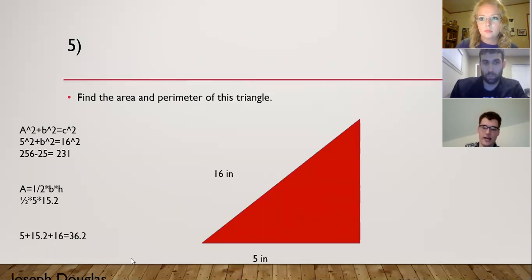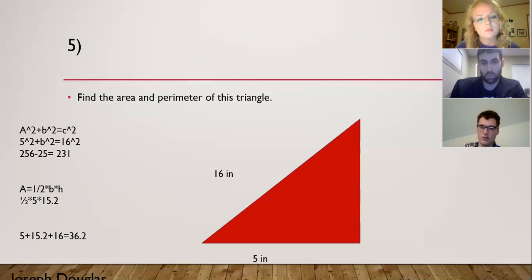So in this case, 5 squared plus, we'll call this b squared, equals 16 squared. So what we have to do is take 16 squared, 256, minus 25, which is 5 squared, to get 231. The square root of 231 is about 15.2. So we'll say b equals 15.2.